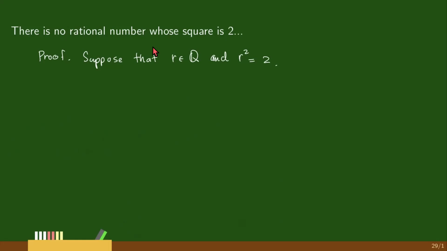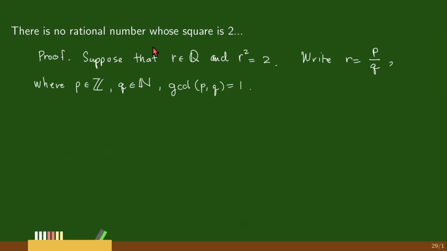Naalala nyo? Ang proof nito is isusulat natin yung R as P over Q, where si P ay integer, si Q ay positive integer, tapos ang gusto ko, ang GCD nilang dalawa ay 1.